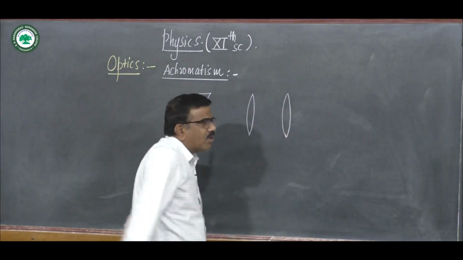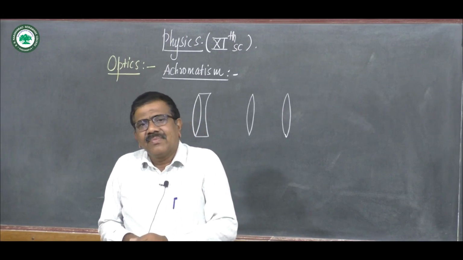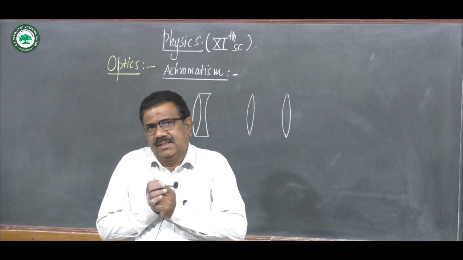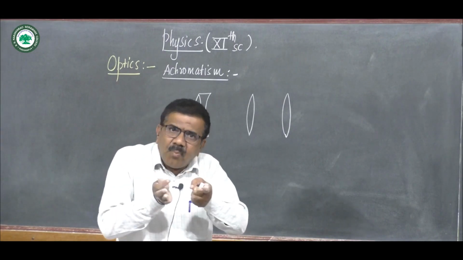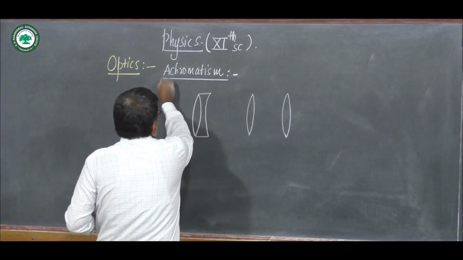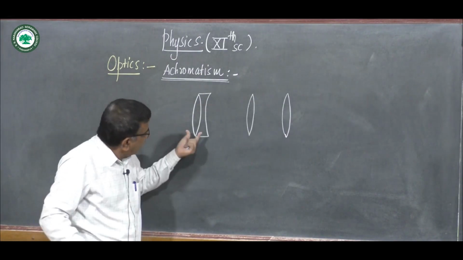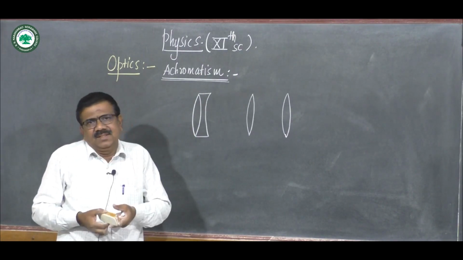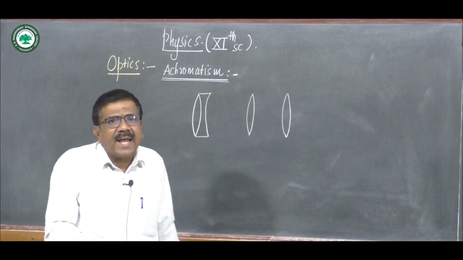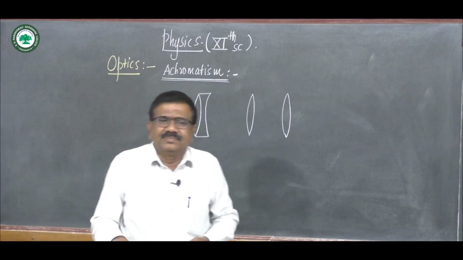Such a combination we call an achromatic combination, and the process of using this achromatic combination in order to minimize chromatic aberration is called achromatism.